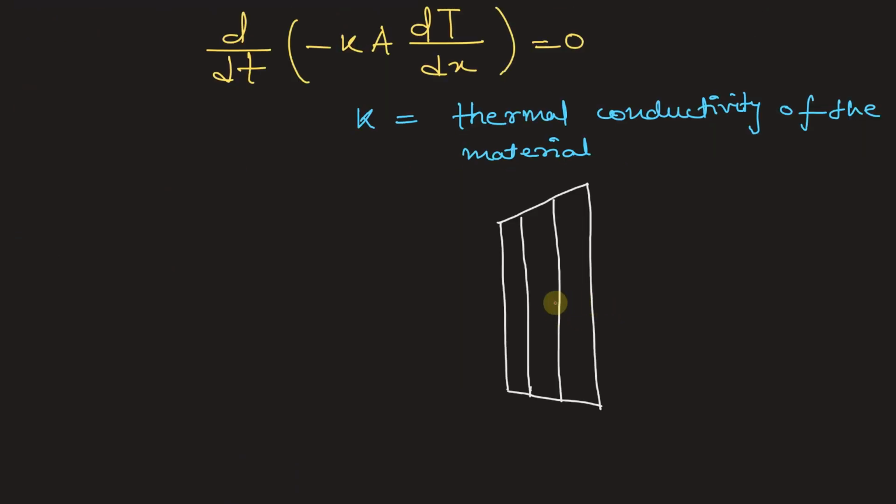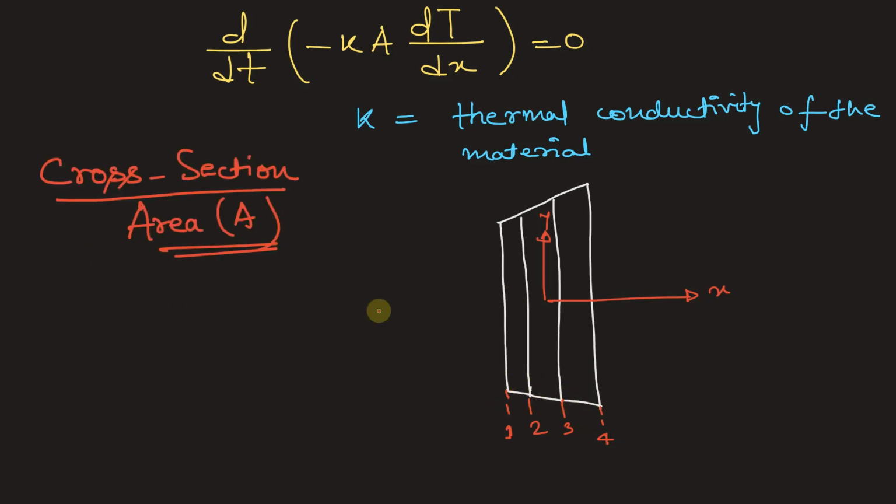Suppose this is the x direction and this is the y direction, and the area varies from this point. Suppose this is section 1, this is section 2, this is section 3, this is section 4. It's given that the area varies in the direction of heat flow and that variation is linear. We don't know whether it is increasing or decreasing, but it is linear.